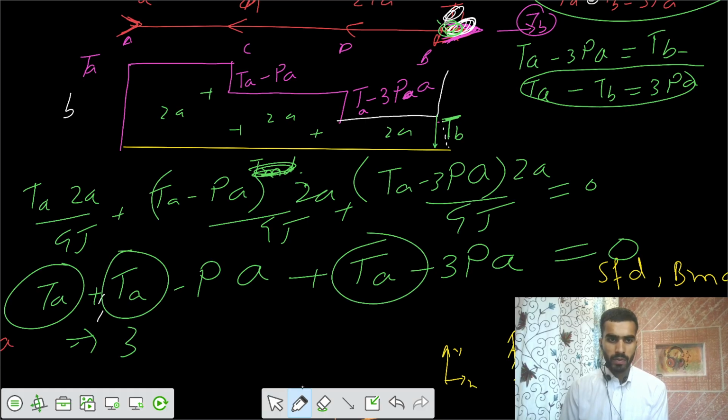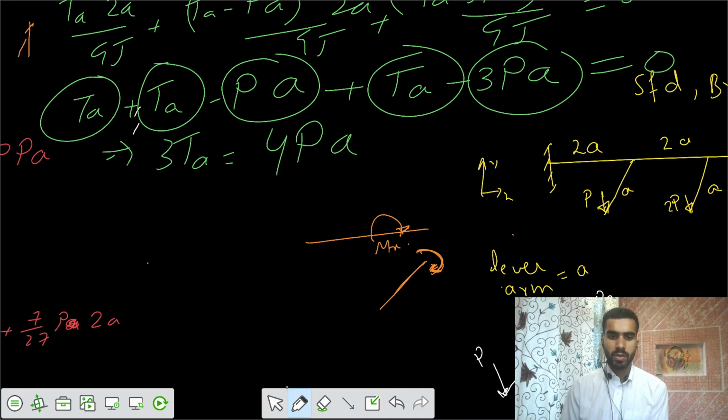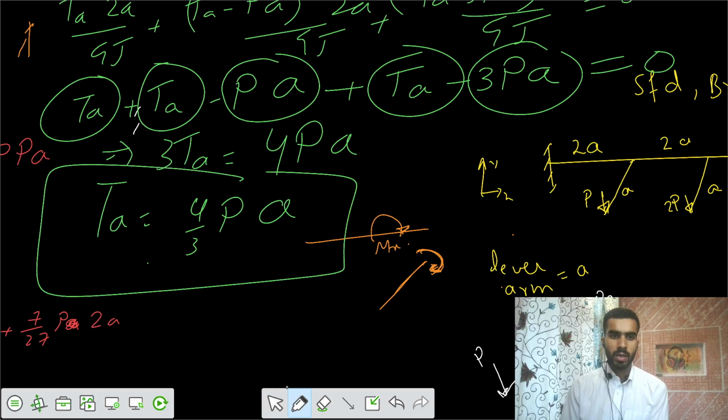So net value: 1 TA, 2 TA, 3 TA. I got 3 TA equals 1 and 2, so we get 4 PA. So TA comes out to be 4 by 3 of P into A. Your torque developed at A is a positive value.